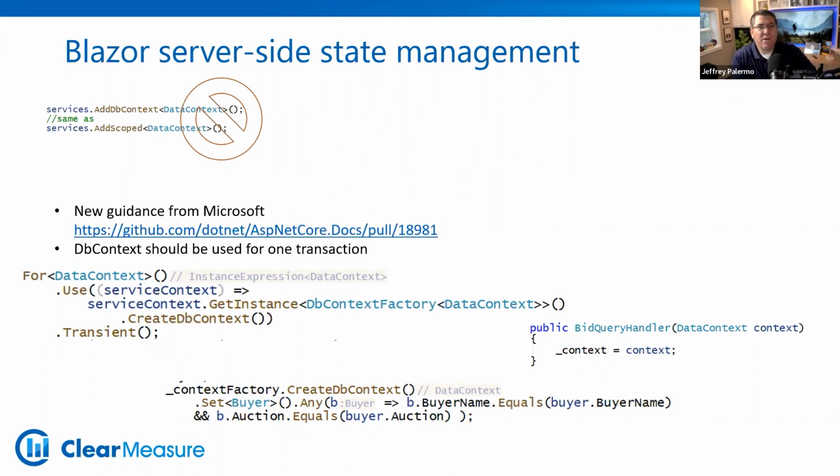Normally, Entity Framework likes to be scoped. And so when you say add DB context, it's the same thing as calling add scoped for the life of a web request. For web applications and web services applications, that's what you want for Entity Framework so that it can use the same amount of caching for the life of a web request. But this doesn't work for the life of a user session, where a user session can be days long.